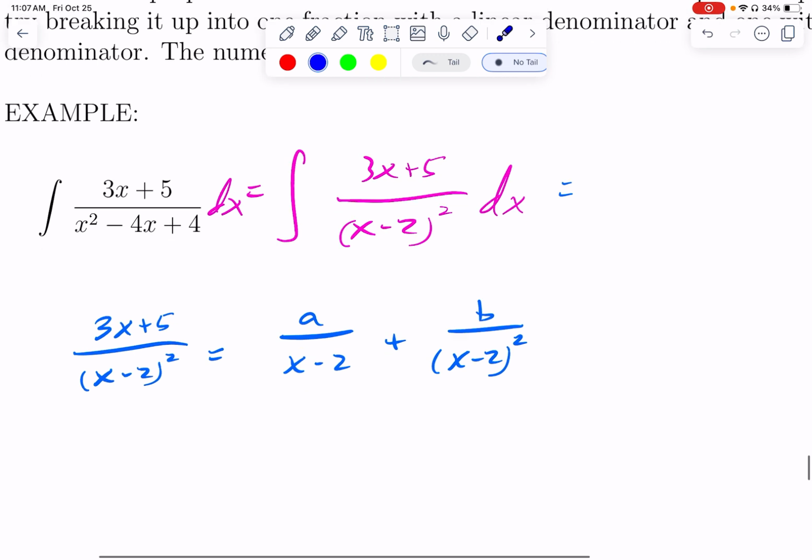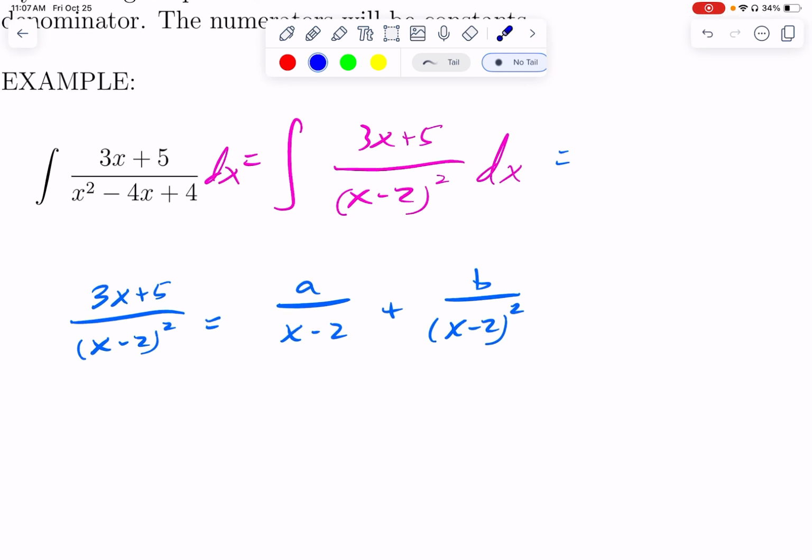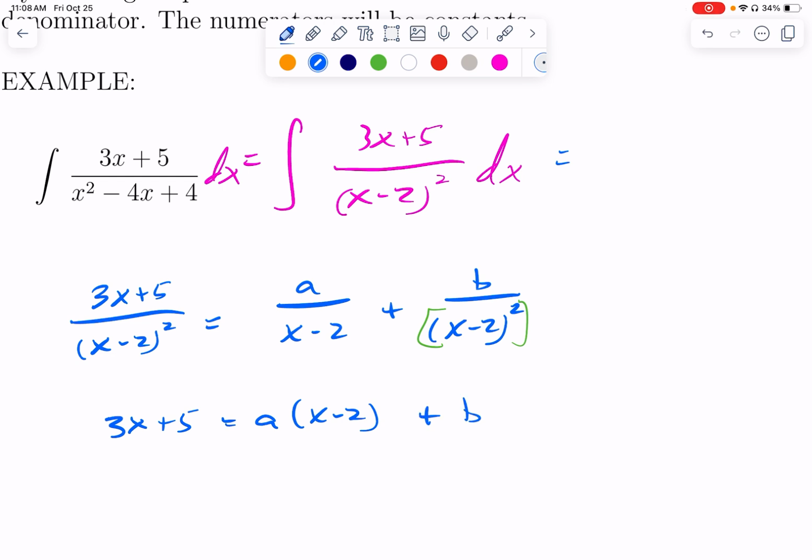So that's the trick. Now I will eliminate the fractions by multiplying everything by the squared one. So if I multiply everything by x minus 2 squared, I get 3x plus 5 equals a times x minus 2, because one copy cancels and I still have one left, plus b.